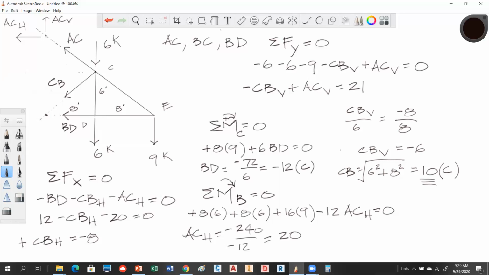Signs are critical, but that's always true. When you feed that stuff back into these equations, you have to do it right. I had a negative 12, and a negative into that negative becomes positive. But this one was a positive number, and when I fed it back in, it became negative. So you just have to watch that. And your sign here was critical because that told me it was compression. So how do we resolve AC?